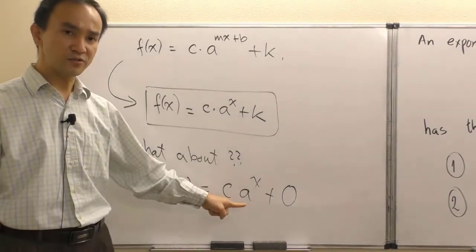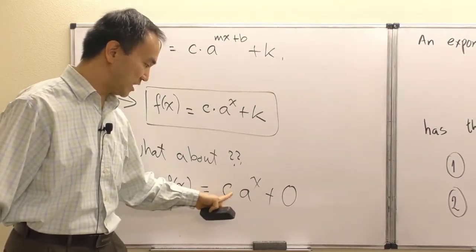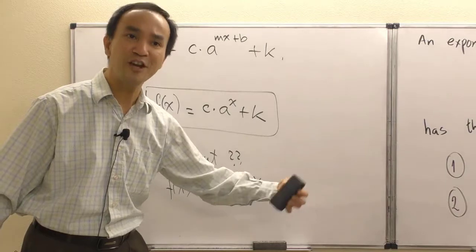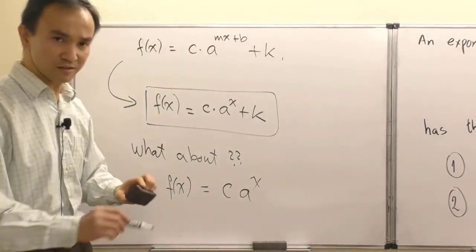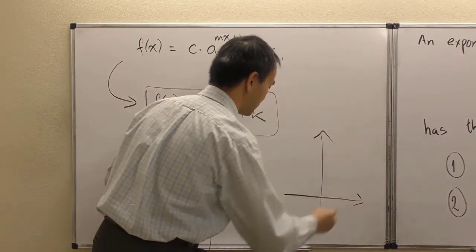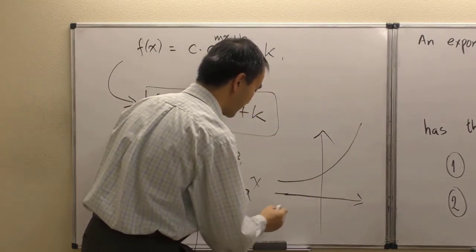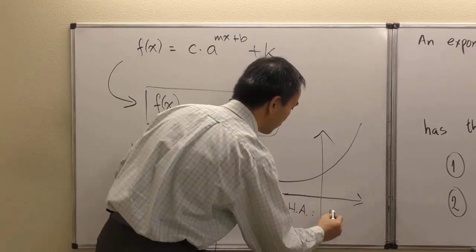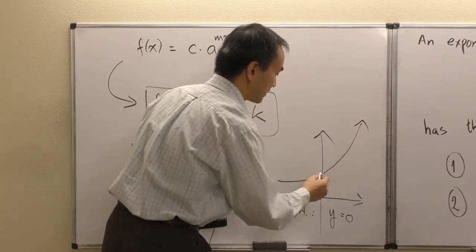Needless to say, with simply c times a^x, without a constant added, it means we add 0. So it makes perfect sense that the graph will have a horizontal asymptote at y = 0.